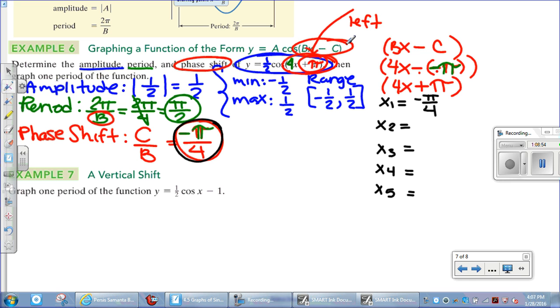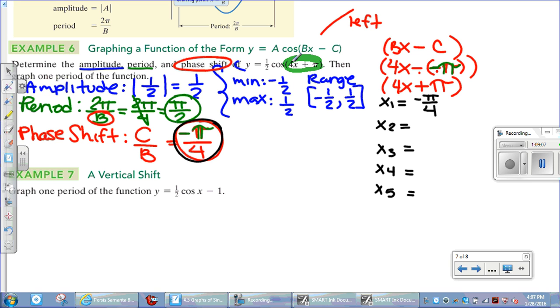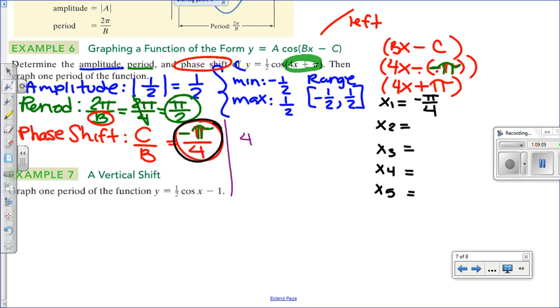So what I'm going to do is, I'm going to erase a little bit. I'm going to have a mess here. So what I'm going to do is take what's inside this parentheses here, the 4x plus pi. And so I'm going to create two equations, 4x plus pi, and one will be equal to 0, because that's where the regular cosine graph, the parent function, will start.